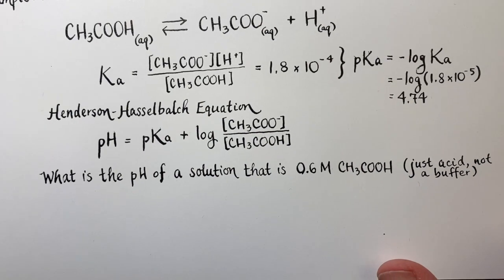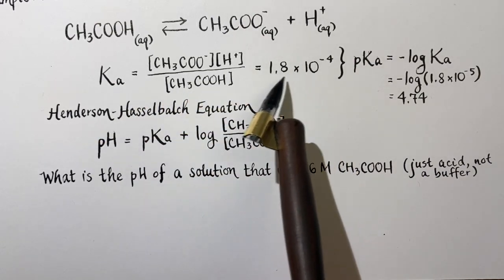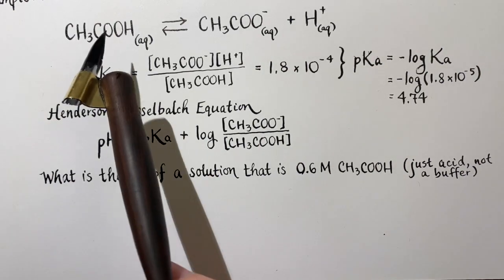Alright, so for this, we can use just knowing the Ka. We do need to know the Ka, okay? So if we look up here, we have all the information that we need. Okay, we know that it's 0.6 molar.